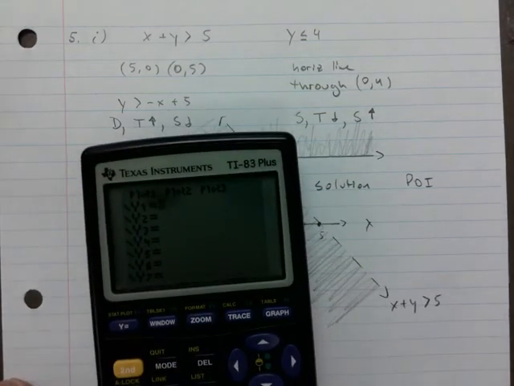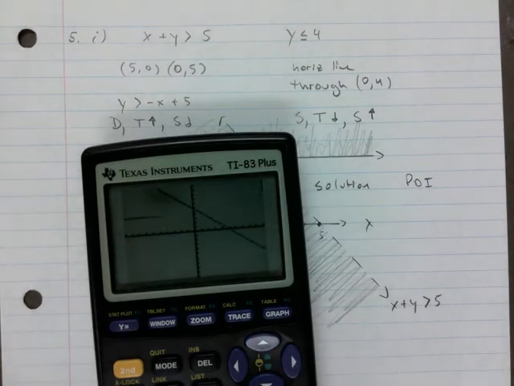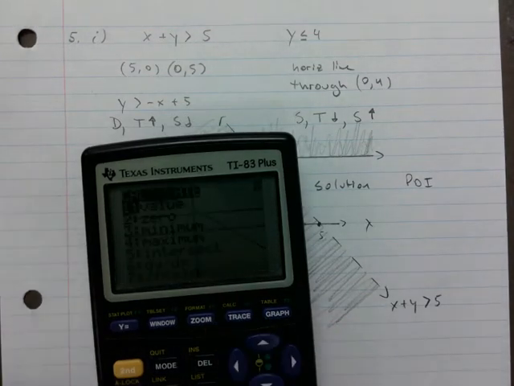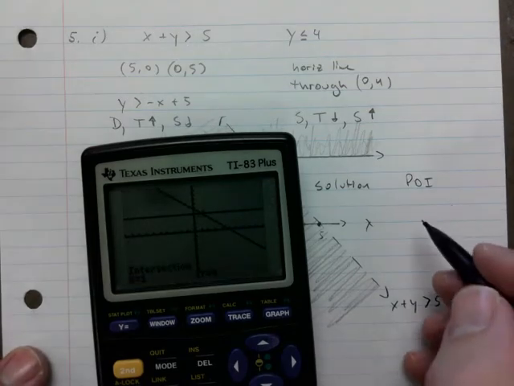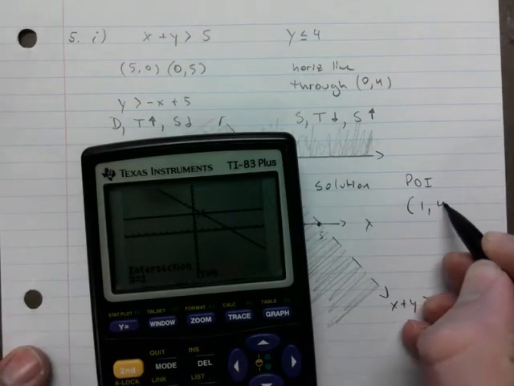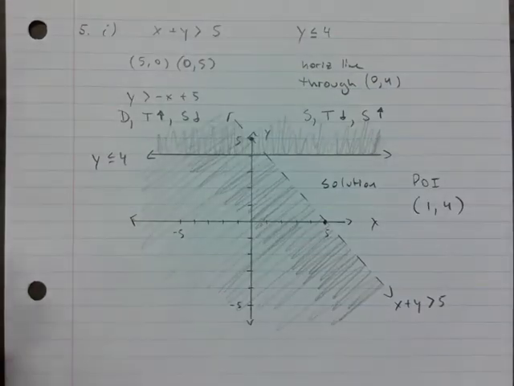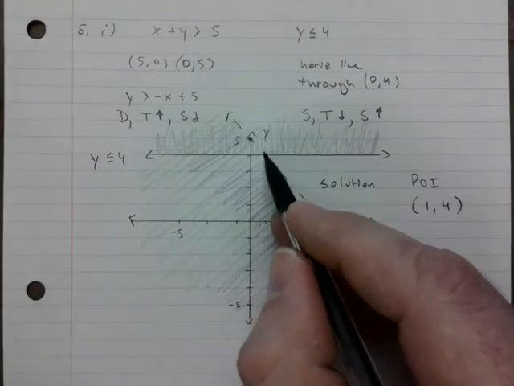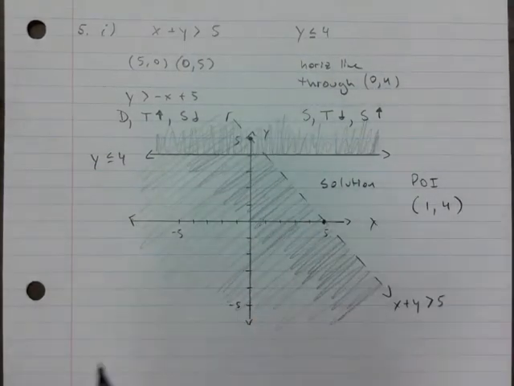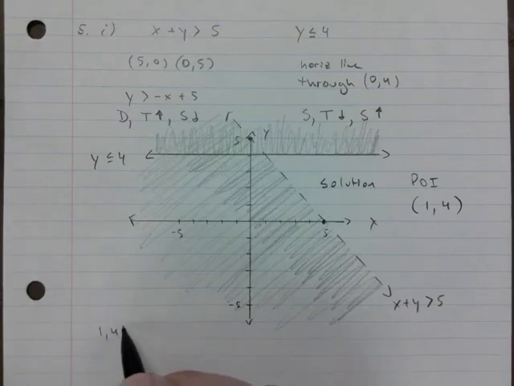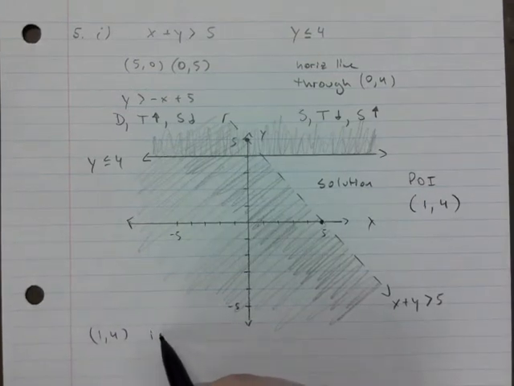So we have negative x plus 5, and then 4 is y. Horizontal line, second trace 5, enter, something 4, right? 1, 4, no surprise. 1, 4 would be a solution. It is a solution, right? 1, 4 is a solution.